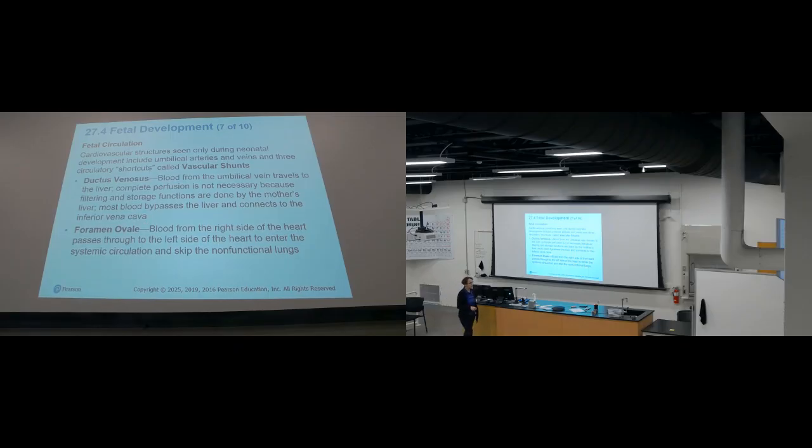This is necessary for filtering and storing nutrients, which are brought by the umbilical vein into the liver. So you don't have complete perfusion of these organs, and you have to bypass part of this blood.